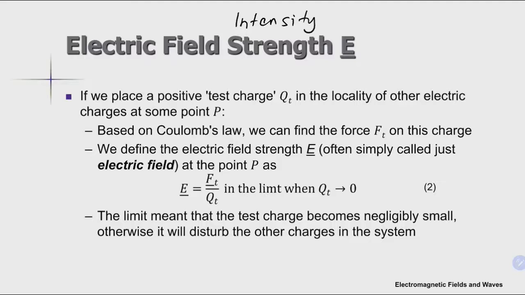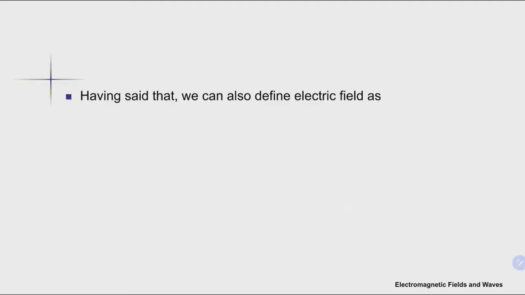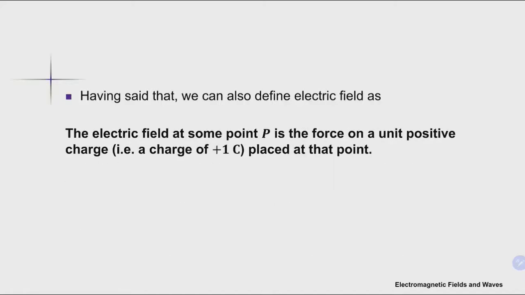So that is the definition, but it doesn't really help you to perform calculations using this particular definition. So it's not a very helpful definition, the one that I showed just now. It will be easier if I put my test charge Qt to be 1 coulomb in the system.